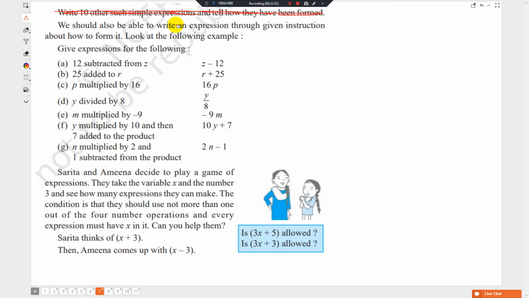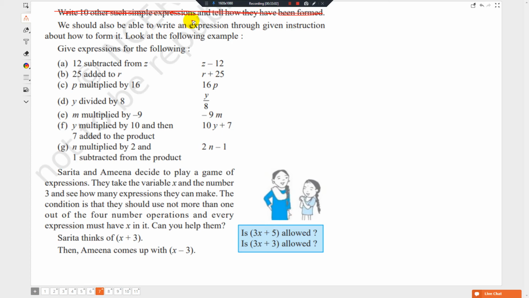Now we'll see an example. Sarita and Amina decide to play a game of expressions. They take the variable x and the number 3 and see how many expressions they can make. The condition is that they should not use more than 1 out of 4 number operations, and every expression must have x in it.